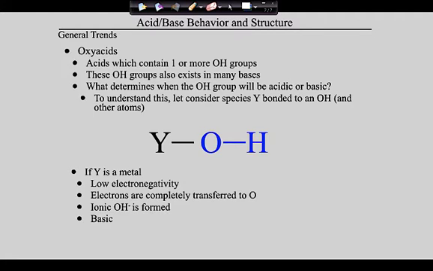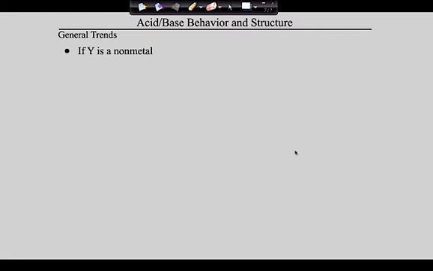Can I move on? Okay, so guys, what if Y is a non-metal? Well, guys, if Y is a non-metal, let me write it down for you again. If Y is a non-metal, then what is this bond going to be? Ionic or covalent? Covalent, because if Y is a non-metal, it's strong. And if Y is strong, oxygen can't steal from it, and consequently, that's a covalent bond.